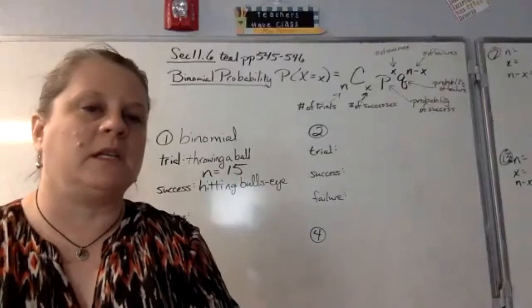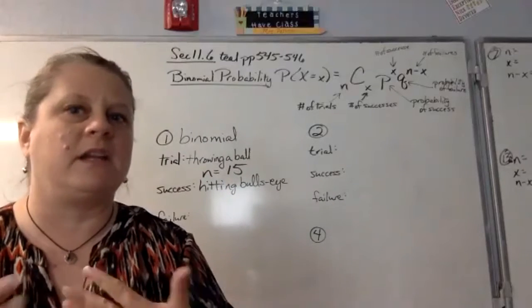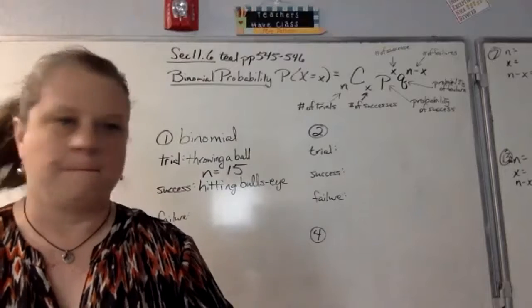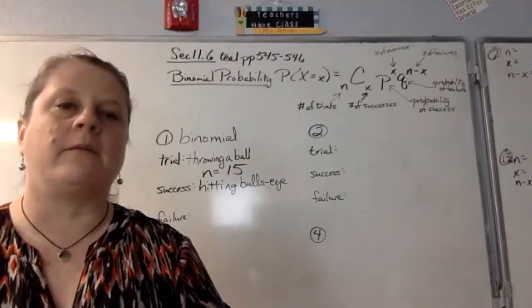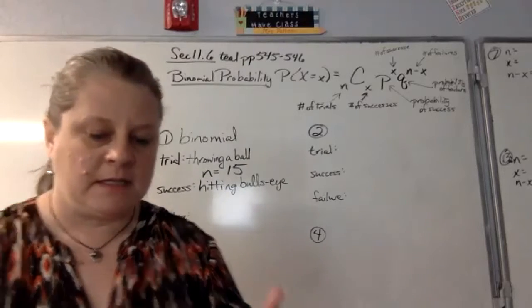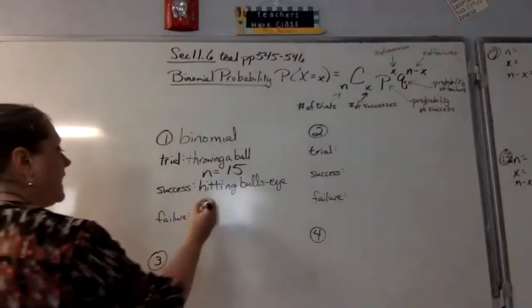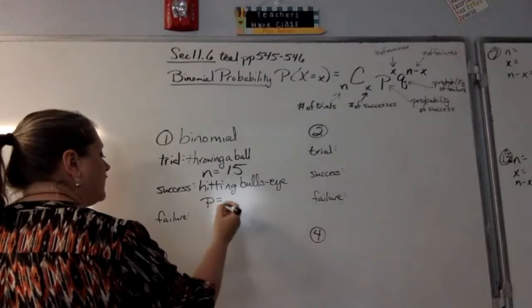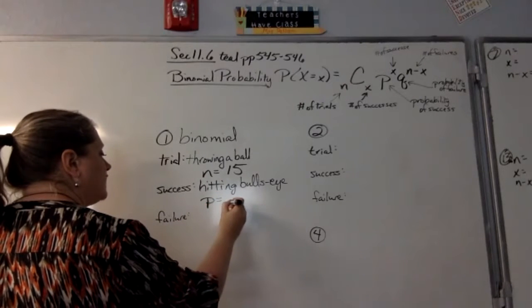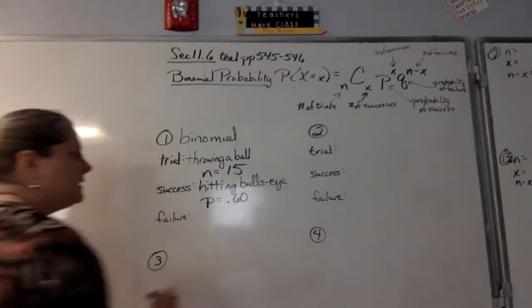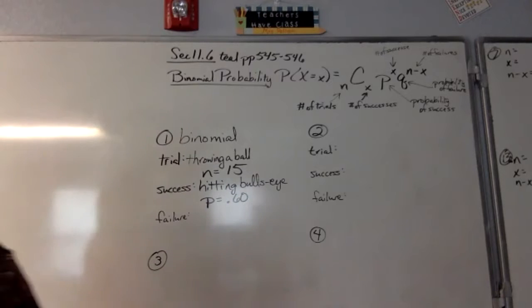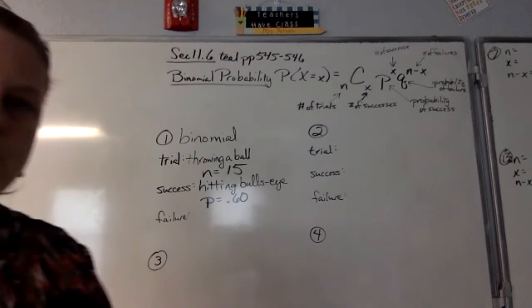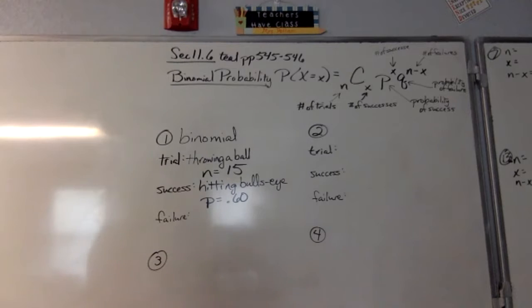When we're using it in a problem, do we leave it in its percent form? No, we always change it to a decimal. So our P value, our probability of success, would be 0.60 because you move the decimal point 2 places over. Okay? So it's 0.60.